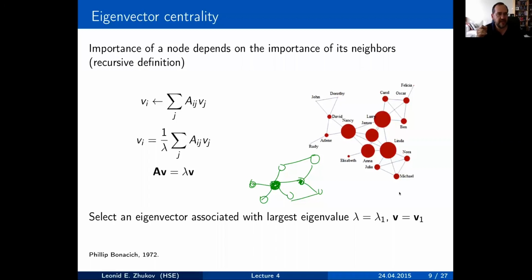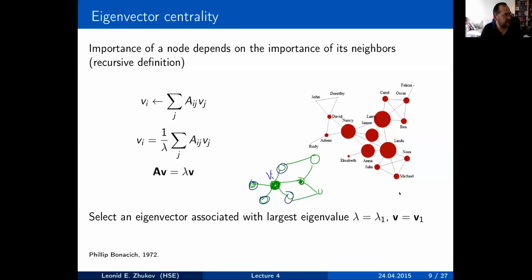And so the idea in this sort of recursive definition is that the importance of the node in the graph, V_i, let's say, will be proportional to, or will be calculated as, a sum of the importance of its direct connections. Now you can say, okay, great, but what about the importance of these direct connections?